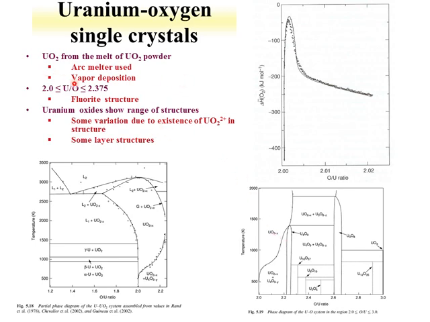One of the things that comes out of this is that there's a way to tune the oxygen to uranium ratio. And as we see here, we have UO2 plus X or UO2 minus X. So for nuclear fuels, we can actually tune in the ratio of oxygen to uranium.